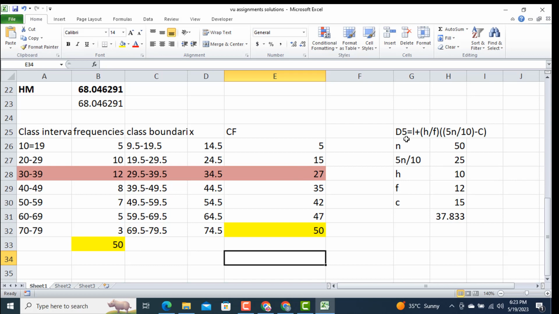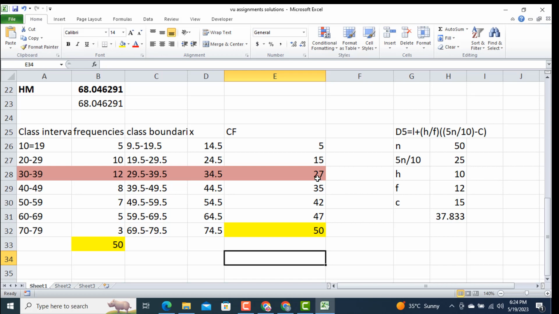Now here is the formula: D5 is equal to L, the lower limit, plus h over f, meaning class interval over frequency, times 5n divided by 10 minus c. C means cumulative frequency of the previous class. So n is 50, 5n divided by 10 gives us 25. Now we are going to search out the class where this 25 lies.